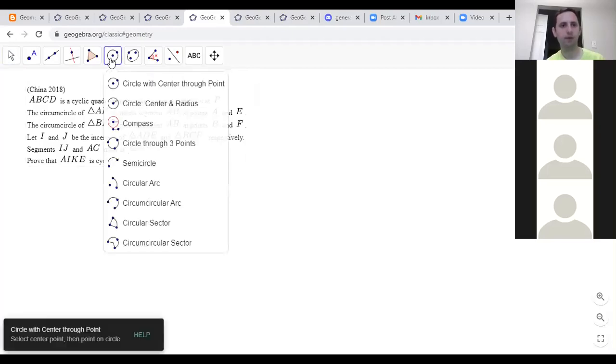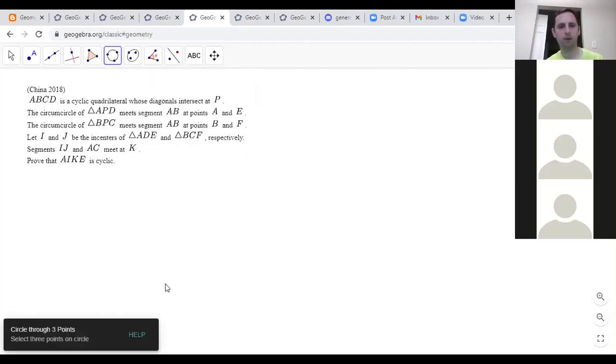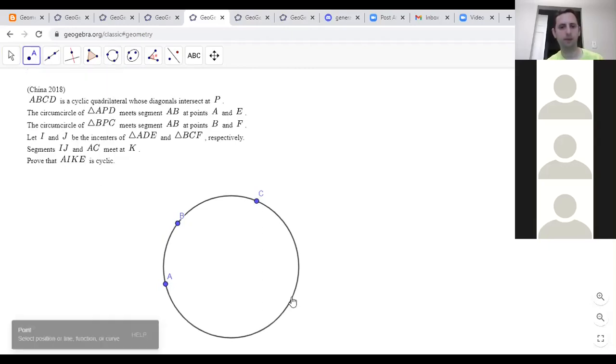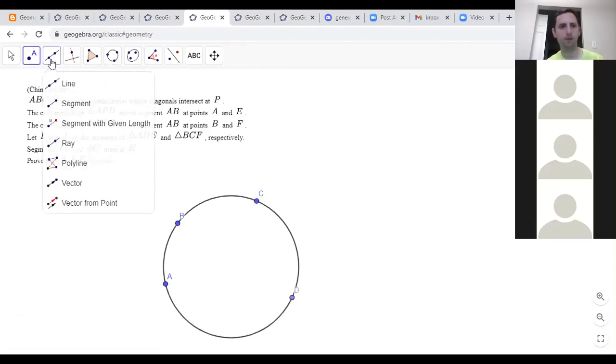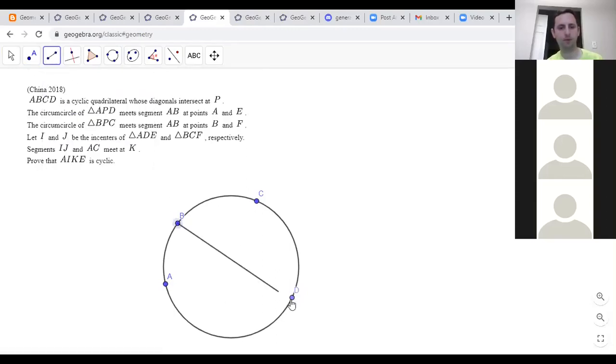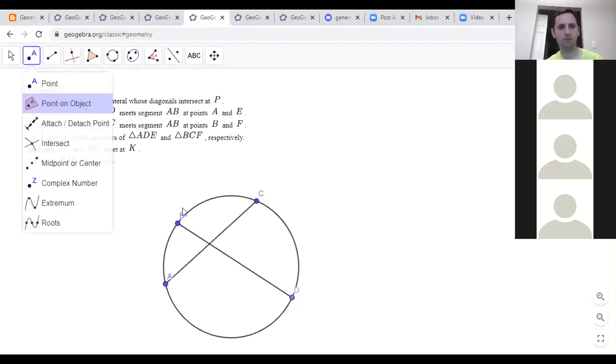Okay, so we have a cyclic quadrilateral ABCD, and the diagonals intersect at P. I don't know why I thought that was like the fourth problem. Okay.